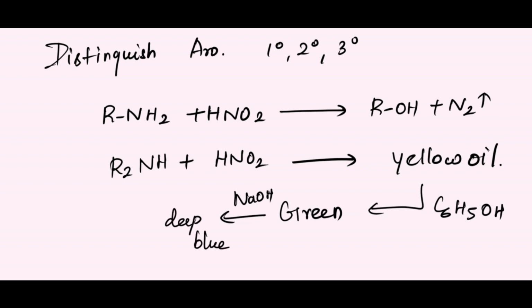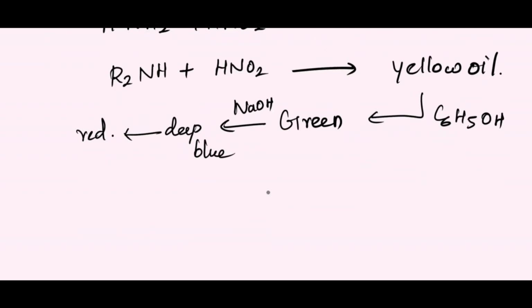These are the clue points the examiner will provide to find out which amine is given. In basic medium it produces deep blue and after some time it becomes red. This reaction is called the Liebermann nitroso reaction.